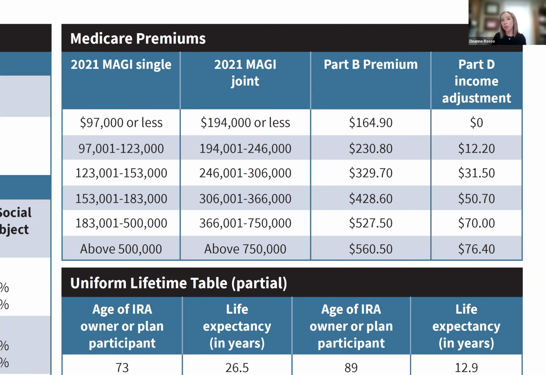But the exceptions to that are really few and far between. And doing something like selling an investment property and generating a gain that happens to increase your income is not an exception. So it's just an important point to note and to plan for.